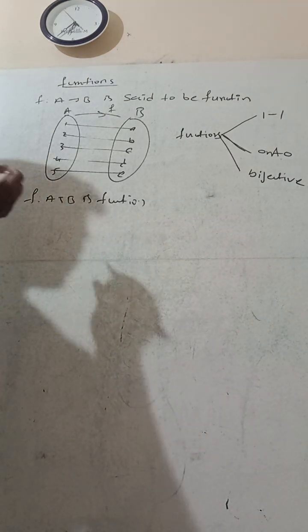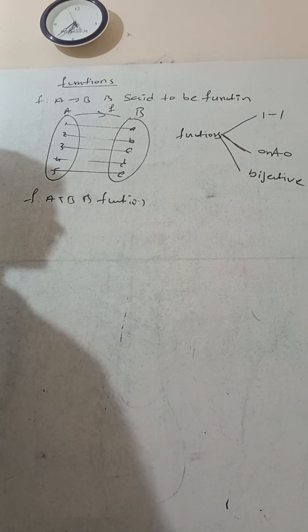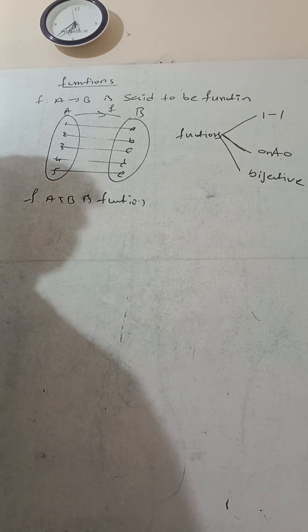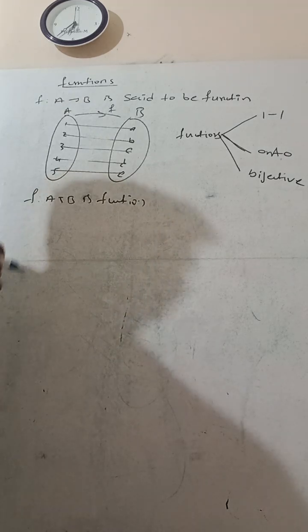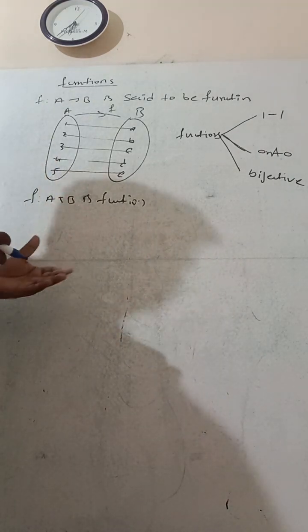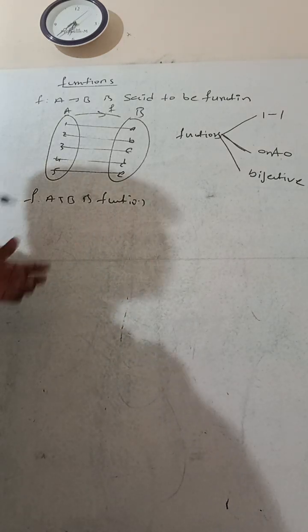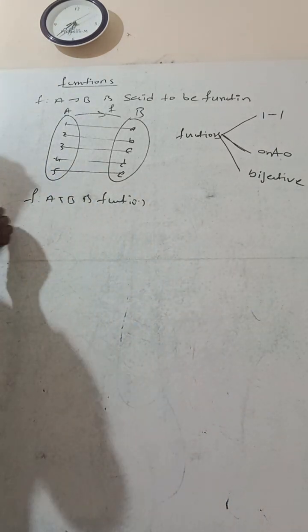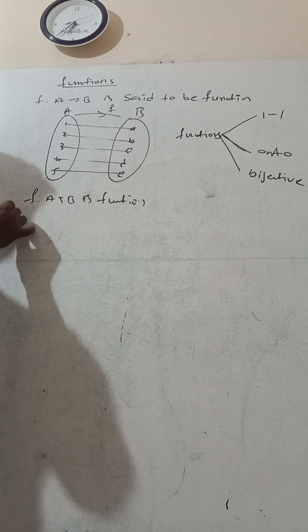Graphically, we can see when a relation is a function, when a function is one-one, when it is onto, and when it is bijective. Now let's note some points.